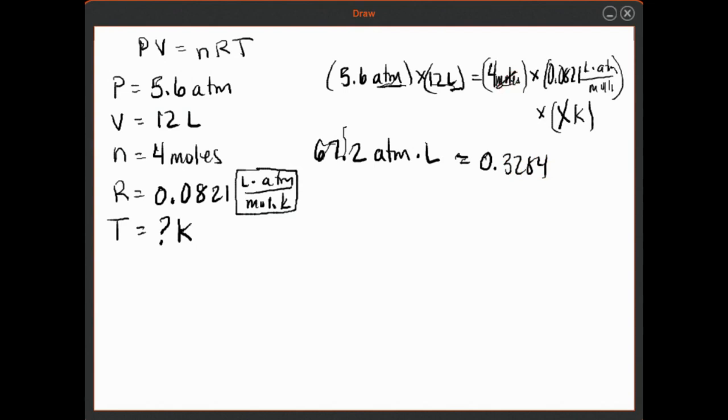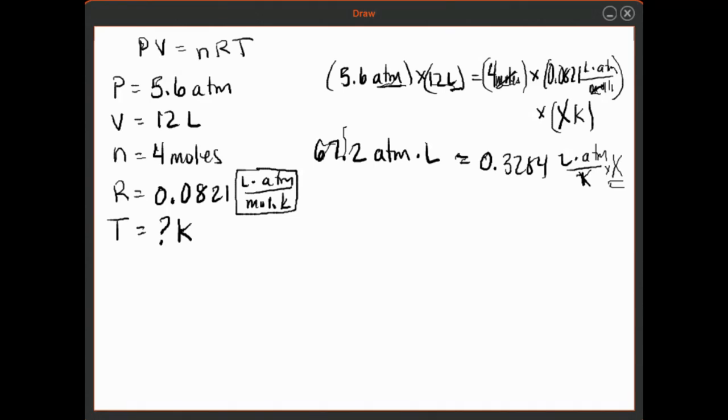And if you look here, moles is going to cancel in the unit there. So we get liters times atmospheres over Kelvin times x. Okay, so now to get our x by itself, we're going to divide both sides by the 0.3284.